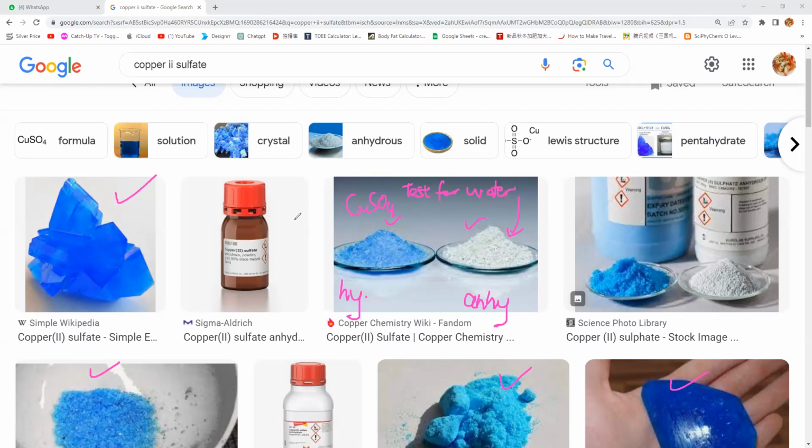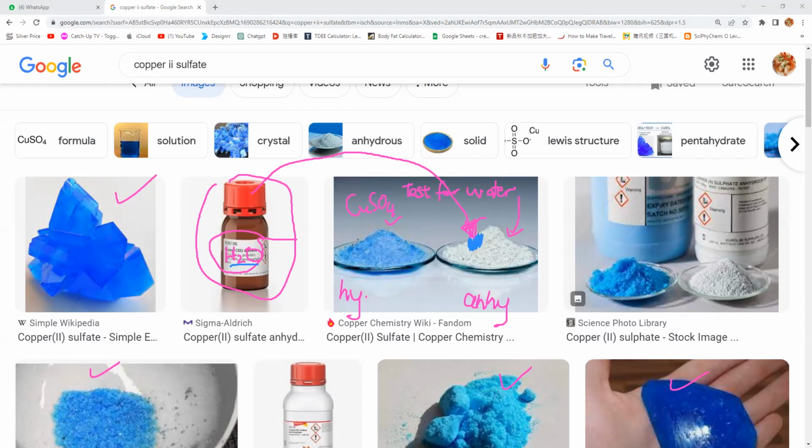If I want to know whether this unknown bottle contains H2O, I will take this bottle and pour it onto the white powder here. If it is indeed water, then part of it will start to turn blue. You'll see the part that is in contact with water turns blue.